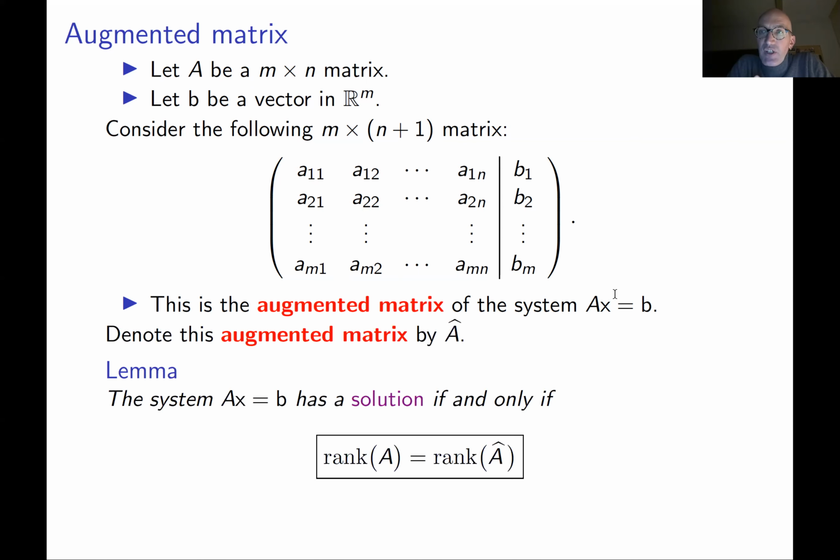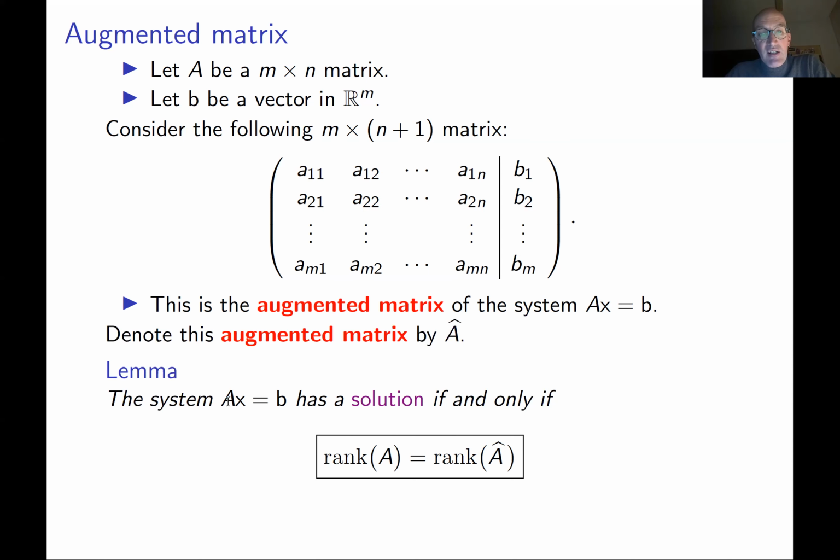If the ranks of the matrix and its augmented matrix are the same, then a solution exists, and this is if and only if. This is quite straightforward to prove. Again, this is nothing fancy. It is just a nice way of answering the question of when you have a solution of a system of linear equations. So how to prove this?